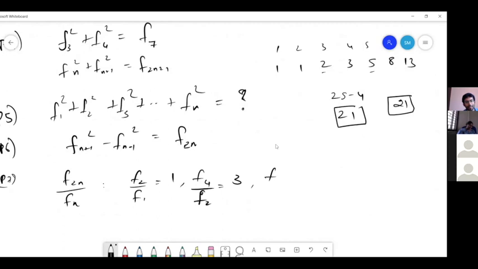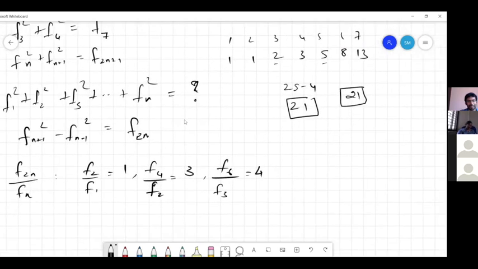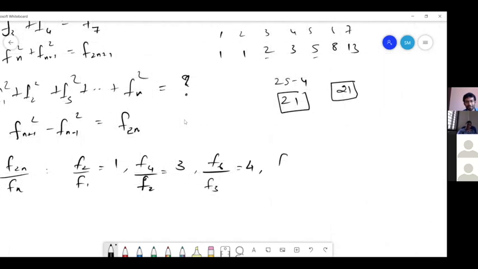F6 by F3 is 4. F8 by F4 is 7. So that forms another Fibonacci series. Beautiful, ma'am. It's another Fibonacci sequence, but the starting numbers are 1, 3. Excellent.